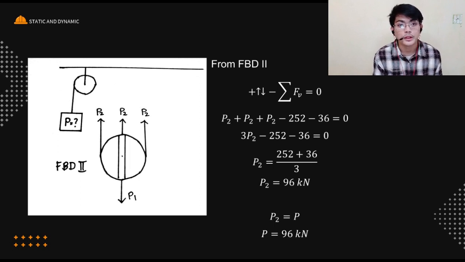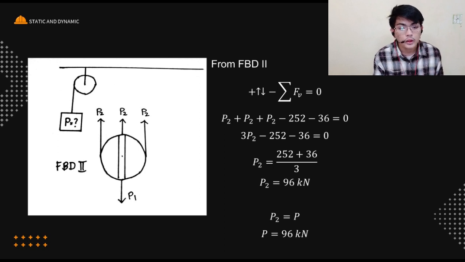Then the next step is to add all the P2, and then we have 3P2 minus 252, our P1, minus 36, the weight of our pulley, equal to 0. As we know earlier, our next step is to transpose our negative 252 and negative 36 to the right side to turn their signs positive.